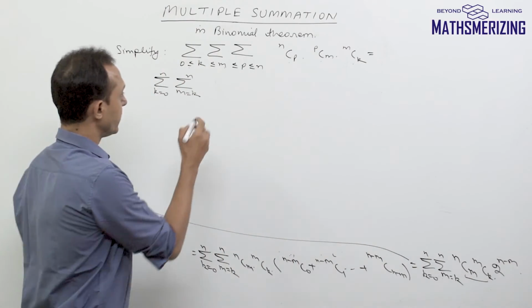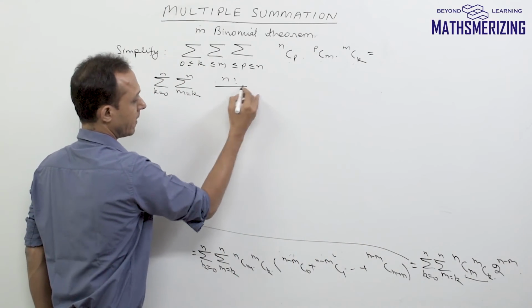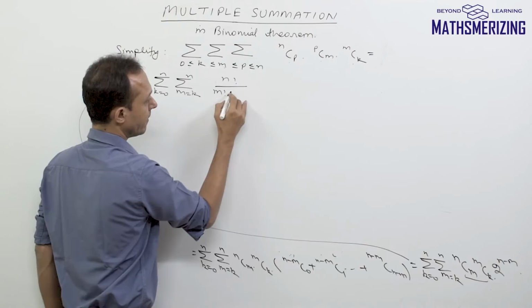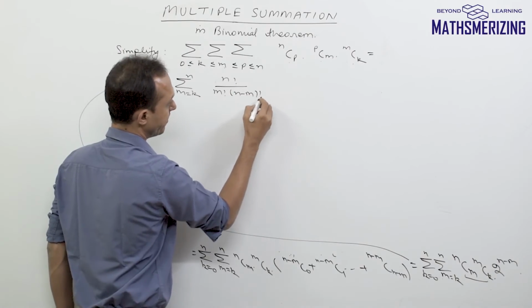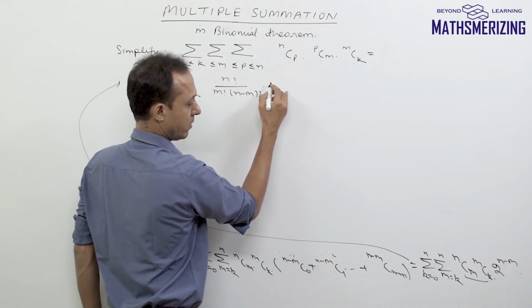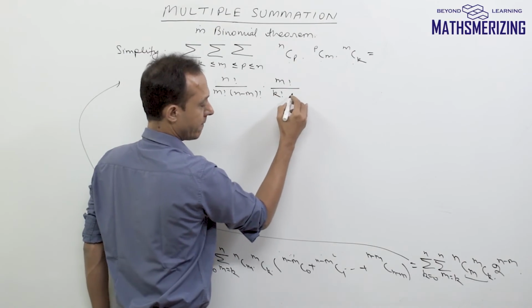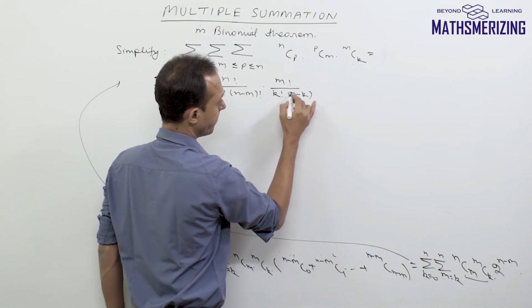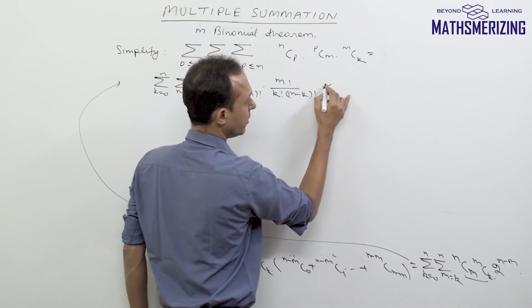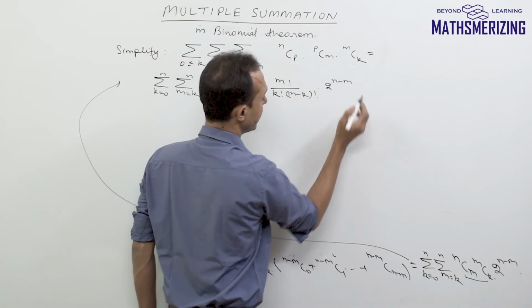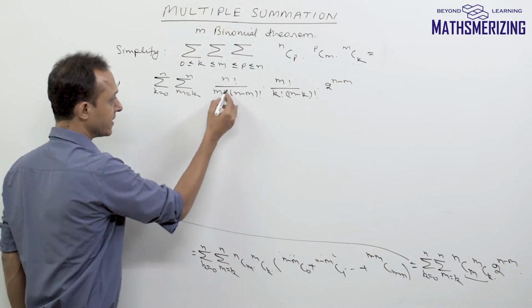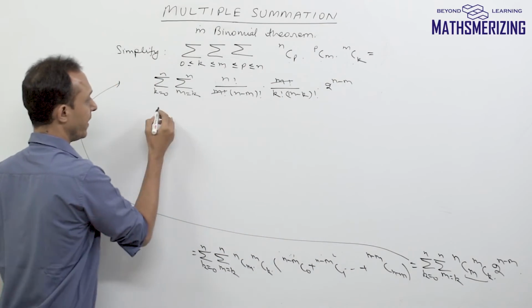So I'll write factorial n upon factorial m factorial n minus m into factorial m upon factorial k factorial m minus k into 2 to the power n minus m. Now here again I'll cancel this factorial m and then I'll rearrange.